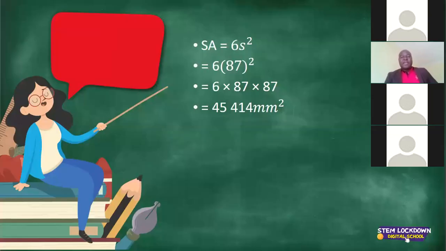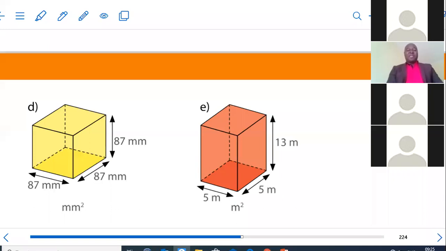As you can see in the first category, we have SA, which stands for surface area, and is equal to 6S squared. And as we know, the value of the side is 87 millimeters.